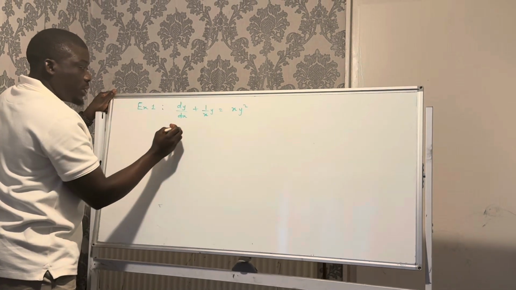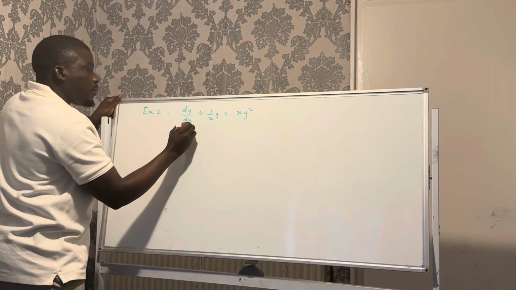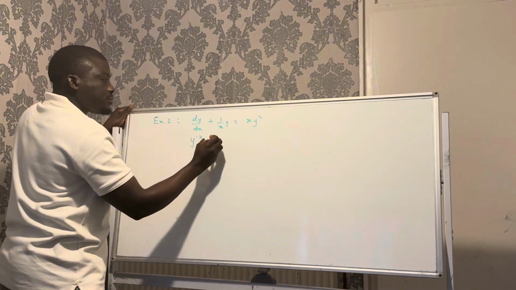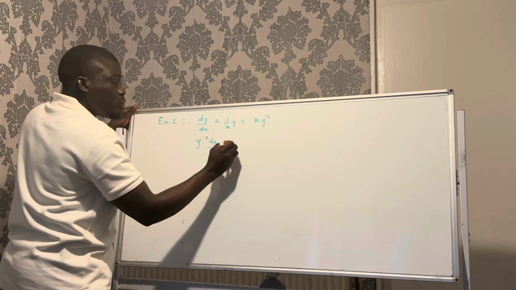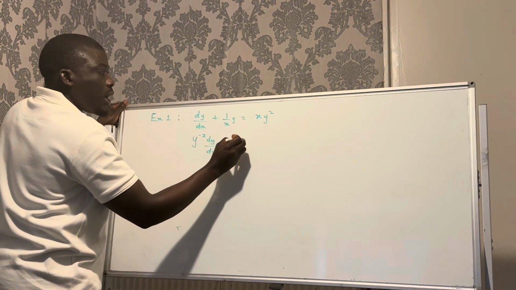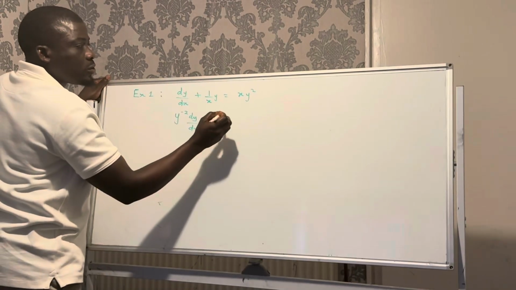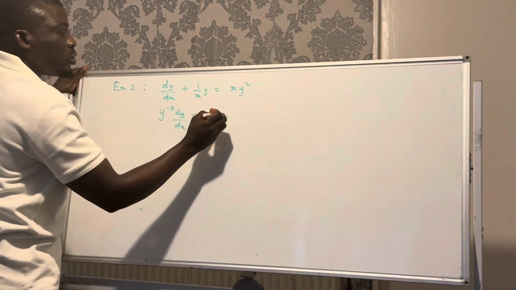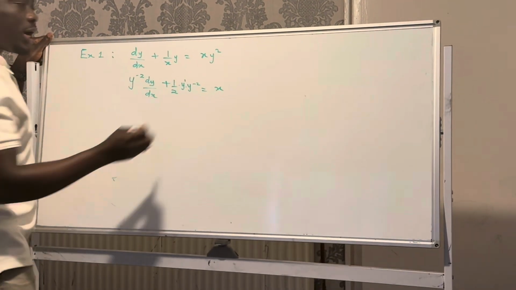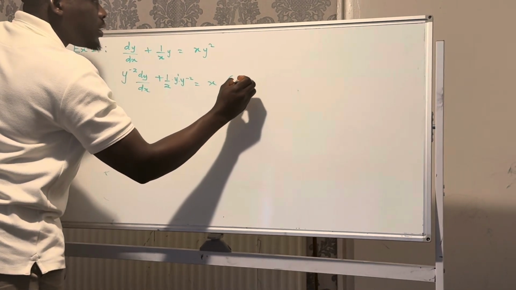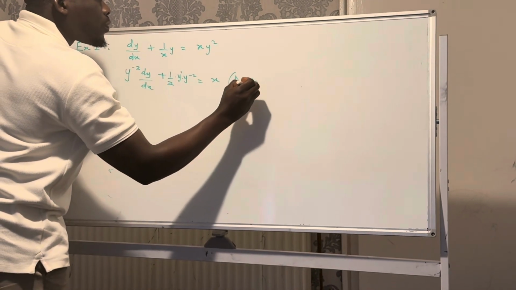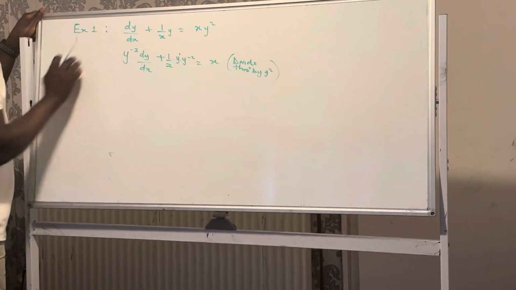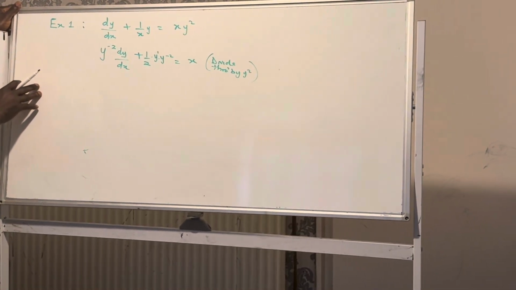If we do that, we are going to have y raised to power minus 2 dy/dx plus 1 over x times y raised to power minus 1 to be equal to x.